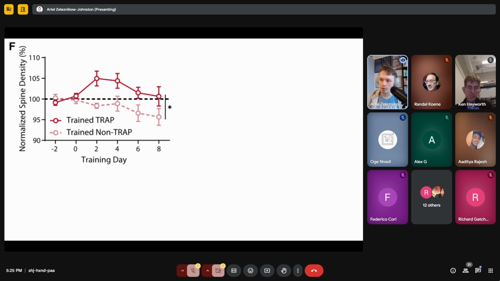And specifically what they want to point out is that over the course of training, this is just looking in the brains of the animals that were trained and successfully learned the task.